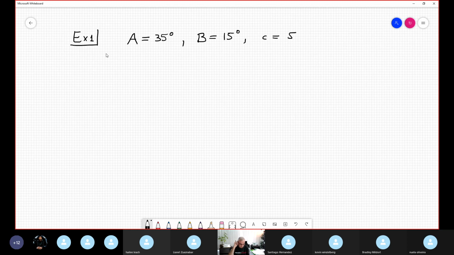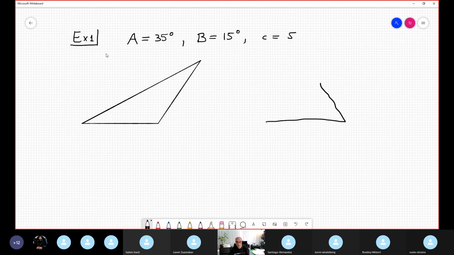So now I propose, I'm going to do some sketch of this. Remember, the position for the sketch is not important. I have no idea if it is obtuse or acute. Some students draw it like that, another student like that, because the important thing is to put the information that you have.